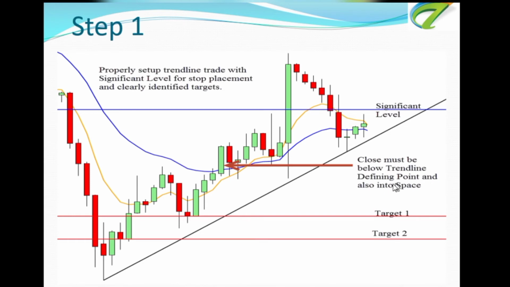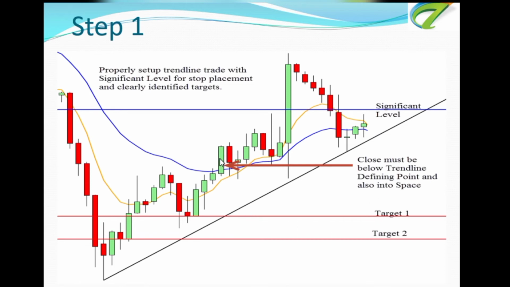Close must be below the trend line defining point and also into space, because this is the congestion area. We want to give a little bit of room. Maybe if the market breaks here and starts moving upward and comes back into the channel, so this is target 1 and 2.